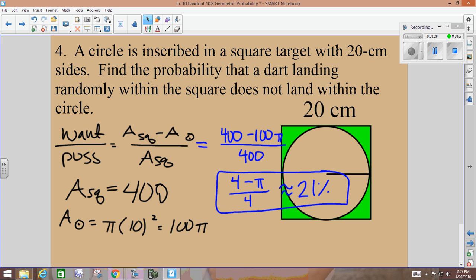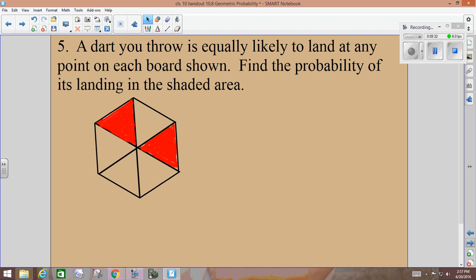All right. Next one. Same idea. We've got a dart that we're going to throw at the dartboard. We want the probability of it landing in the shaded region. It's the probability it's going to land in the 2 shaded regions. Don't think so hard. This is kind of more like your middle school probability.